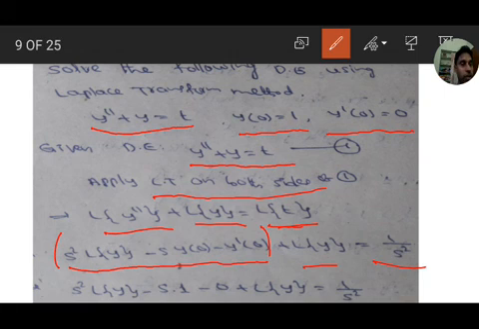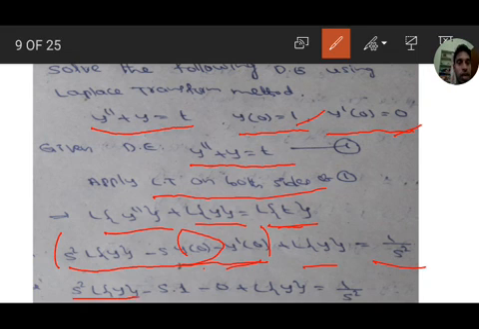The formula is L of t to the power of n equals n factorial by s to the power of n plus 1, so here it is 1 by s square. Next, substitute the initial value conditions y of 0 equal to 1 and y dash of 0 equal to 0.